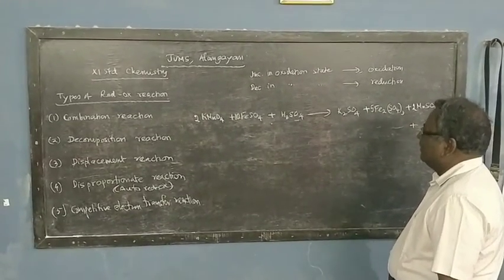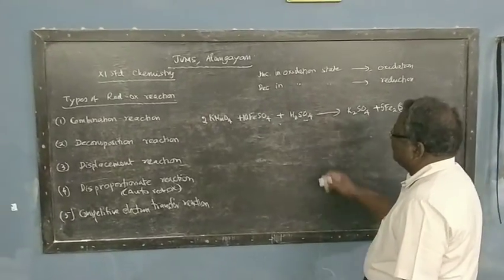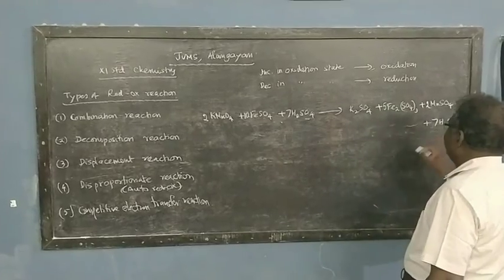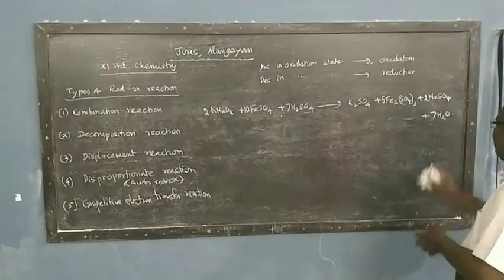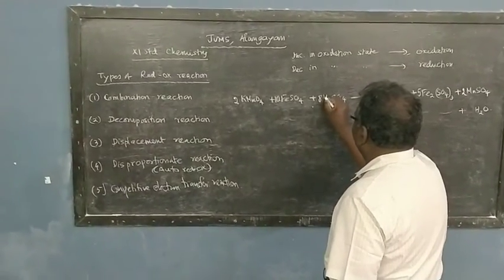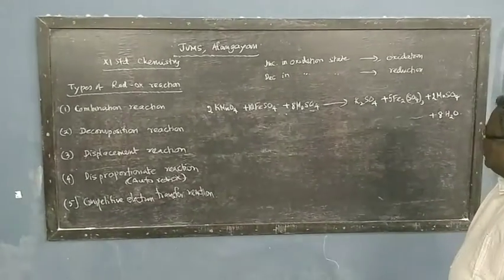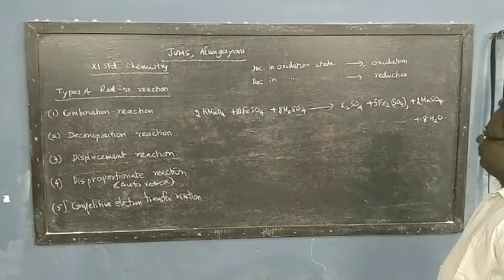Right? Therefore, in this case, we will have 7 sulfuric acid molecules involved in the reaction. Is it 7 or 8? Right? So that's how the reaction takes place.